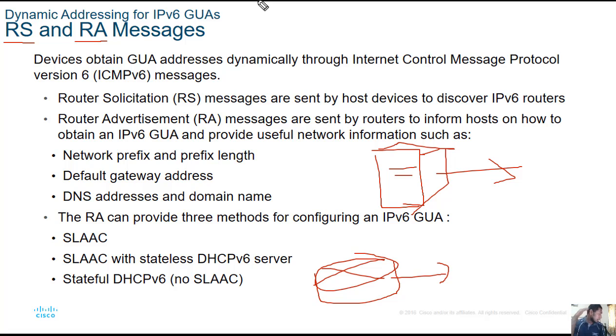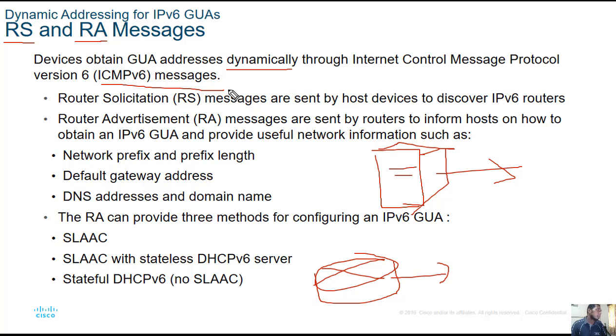Much like IPv4 networks, you have the ICMP messages. Remember ARP, the Address Resolution Protocol? Host devices will send out a broadcast, querying or asking for IP addresses, and then DHCP enabled devices are going to respond. Normally this process in IPv4 DHCP is known as DORA: discover, offer, request, and accept.